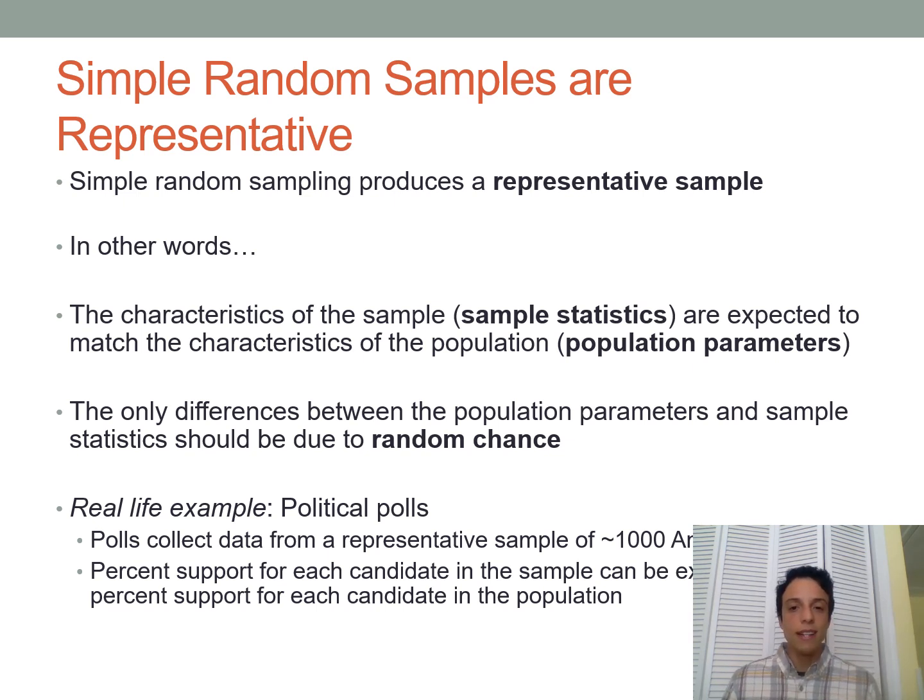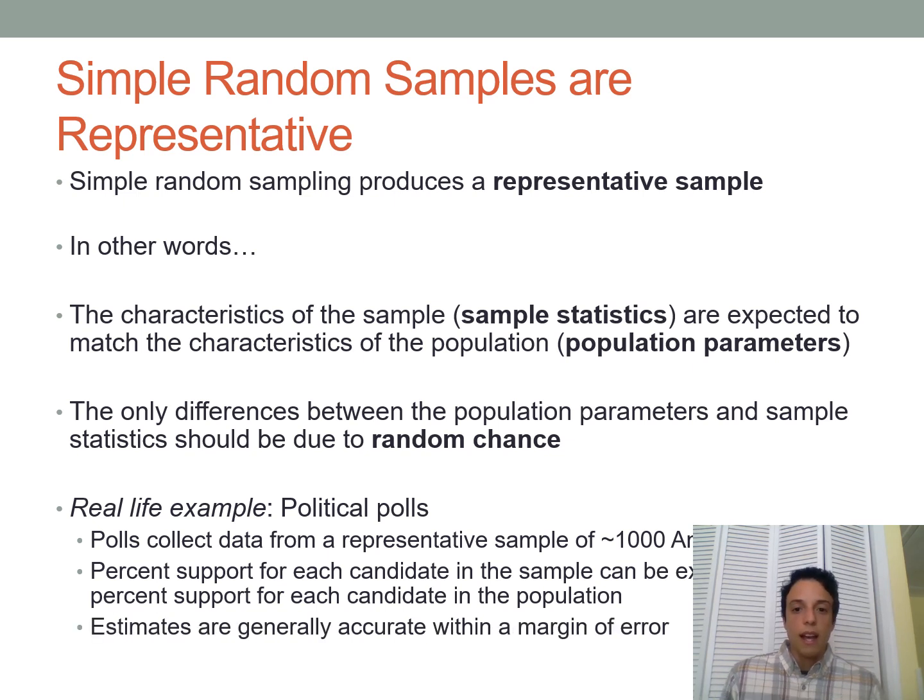And again, this is the idea that a representative sample is going to have the same characteristics as the population that it came from. The only differences we should expect to see between the characteristics of our sample and the characteristics of our population will be due to random chance. And if you're looking at the results from political polls, you'll often see a statement about something called margin of error, where the margin of error tells you how much noise we expect to see in our sample.